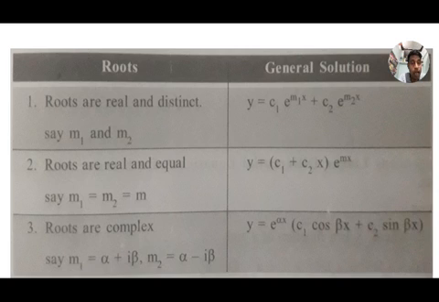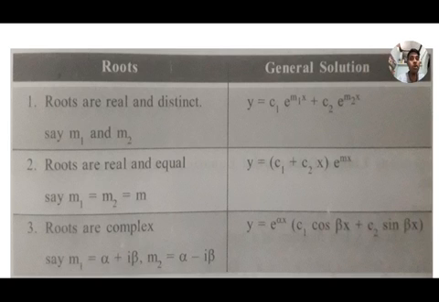Next, if the roots are complex numbers, then the general solution of equation 1 is y equal to e to the power of alpha x (c1 cos beta x plus c2 sin beta x). These are the 3 forms of general solutions depending on the nature of the roots.